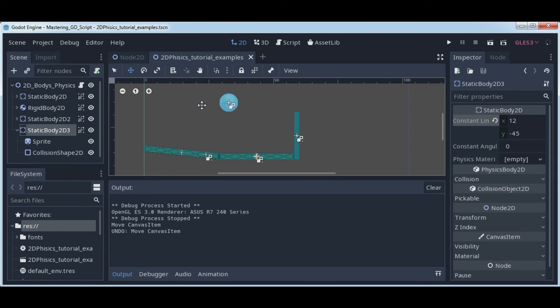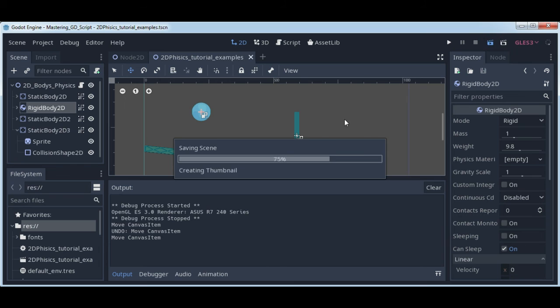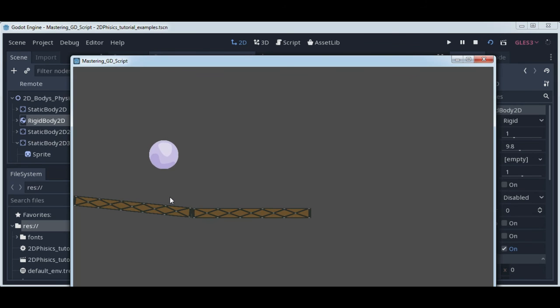One moment, rigid body, movement mode. Okay, now we have here one effect on this static body, let me say on this platform, and when they come to other platform, another effect is going to influence this rigid body.